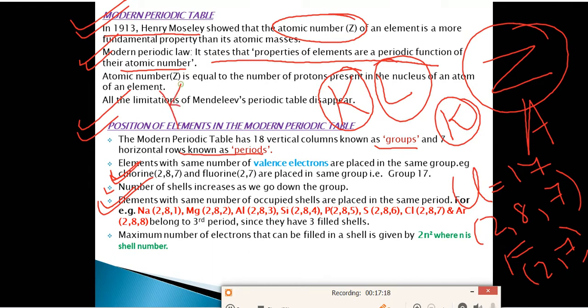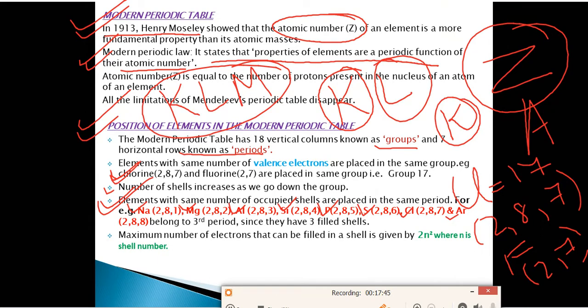Suppose the element has 3 shells, K, L and M. So this element will be present in the third period. Sodium, magnesium, aluminium, silicon, phosphorus, sulfur, chlorine and argon all have 3 shells, K, L and M. So these elements are present in the third period because they have 3 shells in their atom.